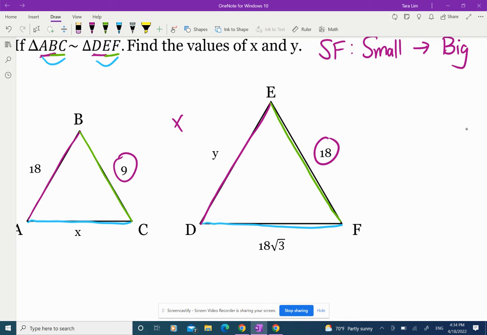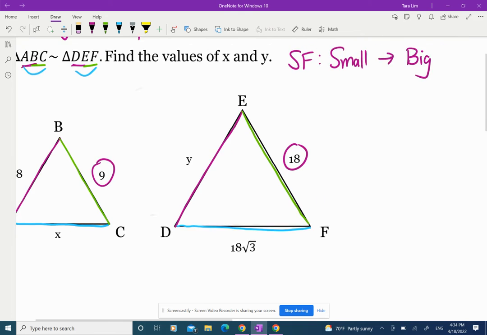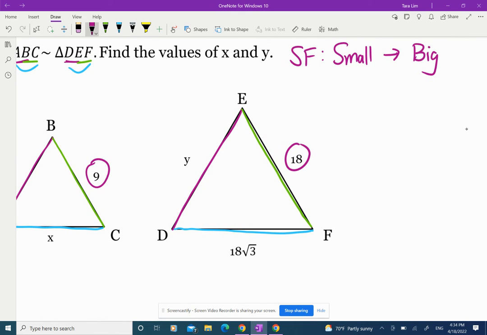But we can't always just guess the number. What if this number is a decimal? It's going to take you forever to find a number that multiplies by the decimal to equal 18. So the scale factor is actually a fraction. Because it's from small to big, I know it's 9 times something equal to 18, and that number is definitely bigger than 1 because 18 is bigger than 9.